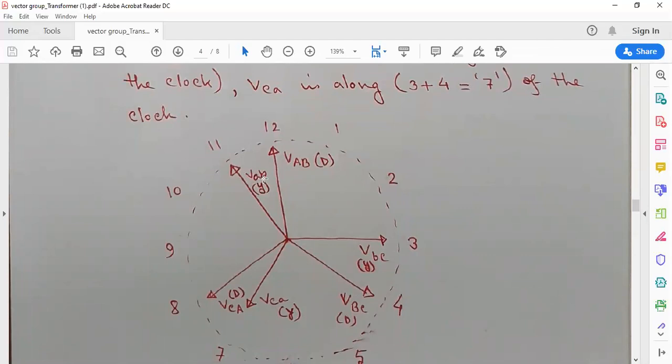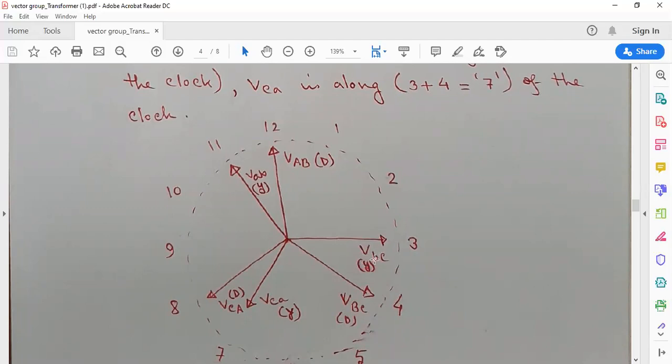We have to go 4 points to travel 120 degrees. 4 points from 11 to 12 is 30 degrees, 60 degrees, 90 degrees, 120 degrees. So now along 3 on the clock, we will find VBC, the line to line voltage of the Y connection.